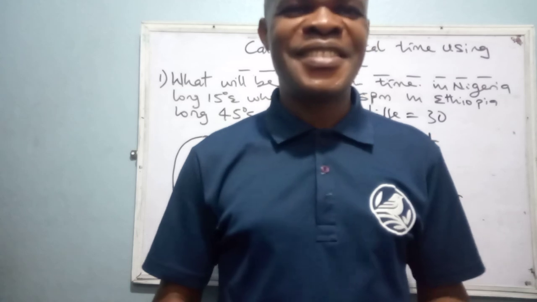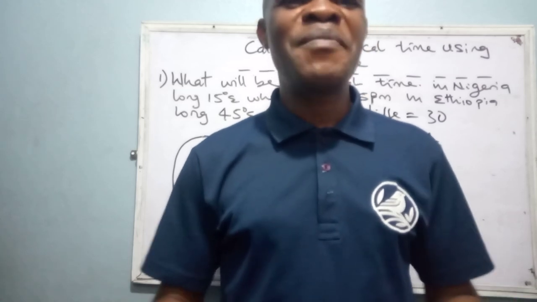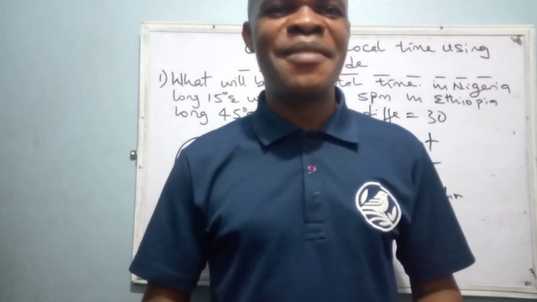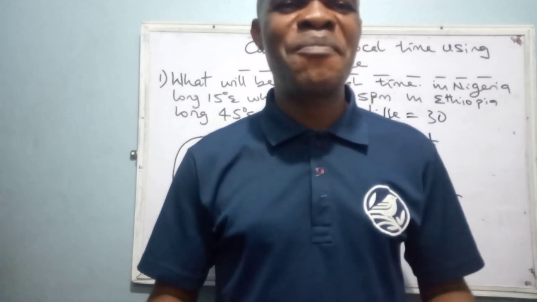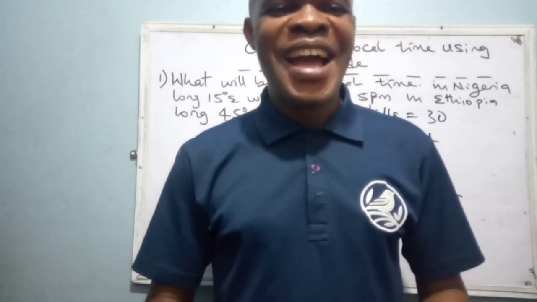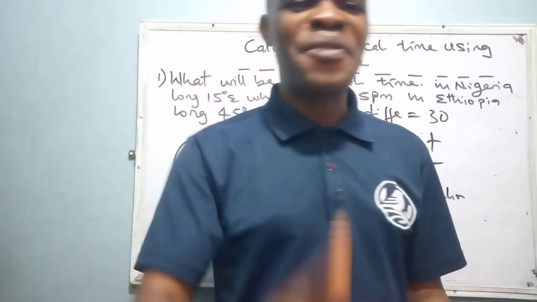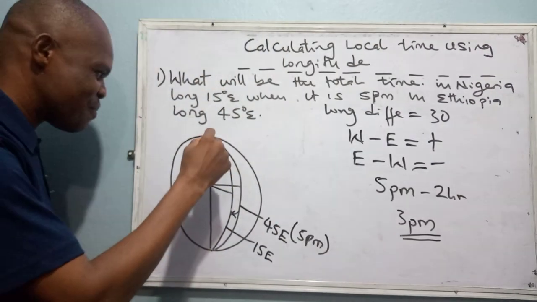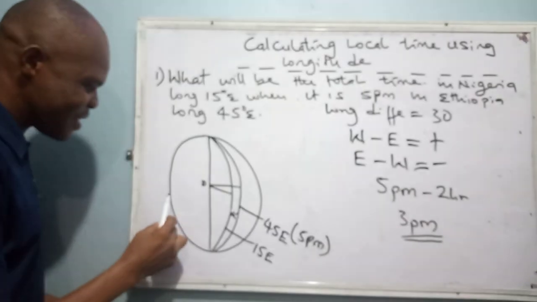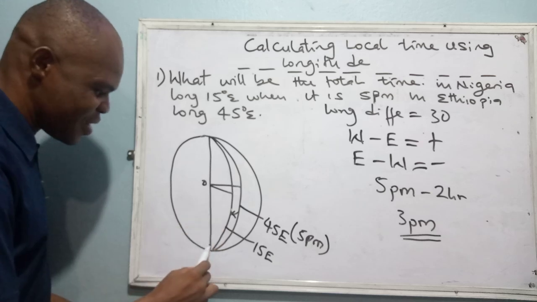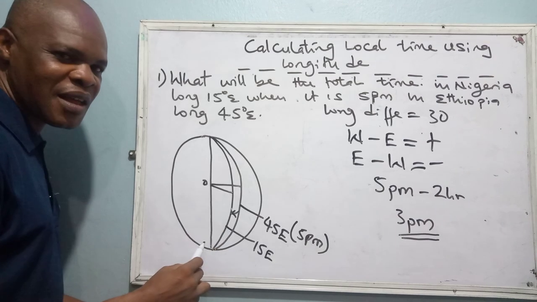Don't forget this. What do we mean by anti-meridian, AM, and PM? A lot of people don't know about that. Anti-meridian means a time before the Greenwich meridian. Any time that is before the Greenwich meridian time is what we call anti-meridian.